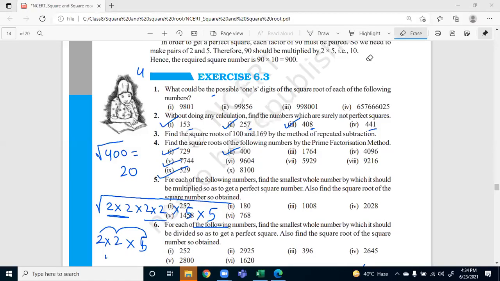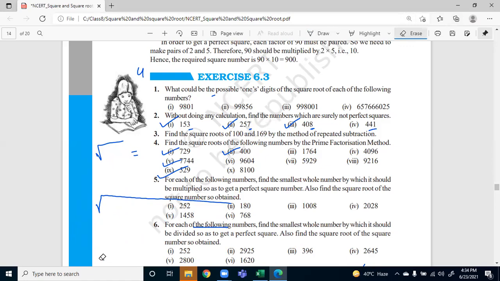Root of 7744 is 88. You are correct. So when you do the prime factorization of 7744, what are the factors you are getting?